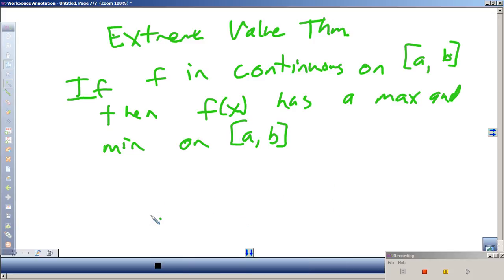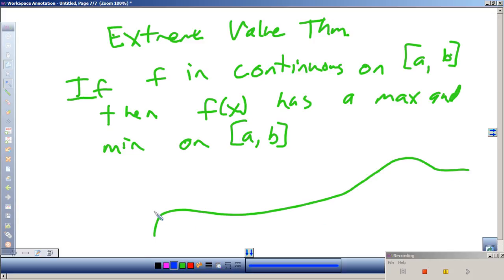Now, what if you had a graph that looks like this? And you're going from, say, let's say this right here is a, and this is b. Where would the minimum be? Yeah, the minimum would be here at a.